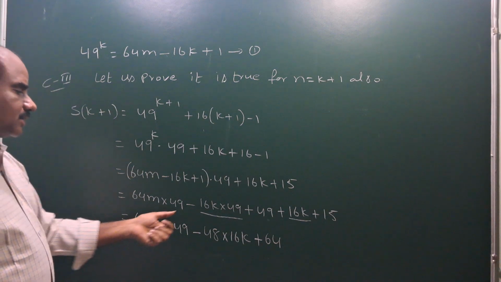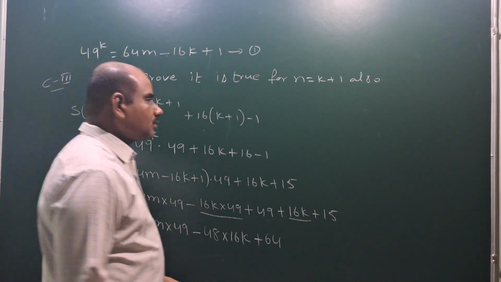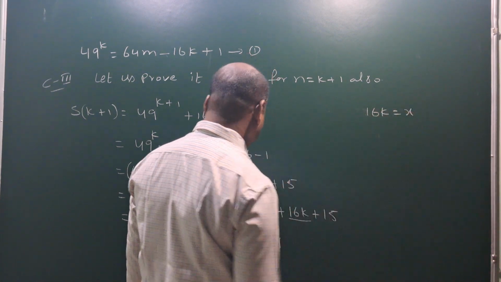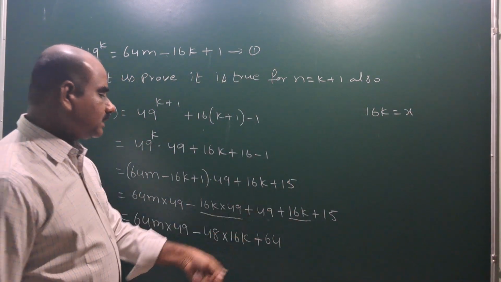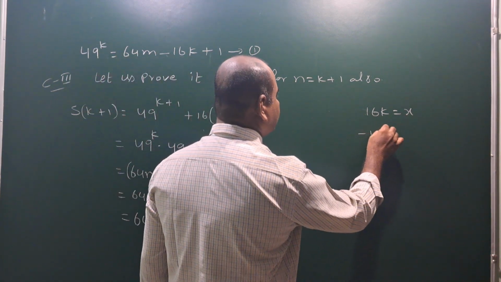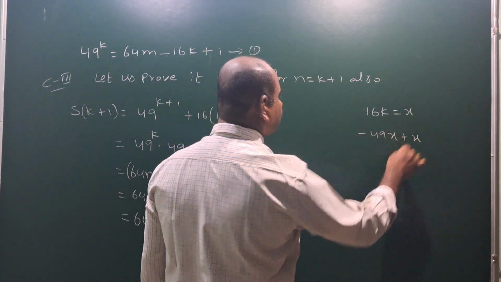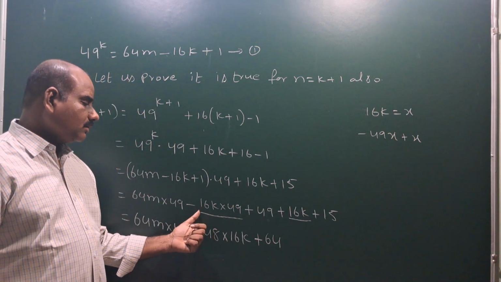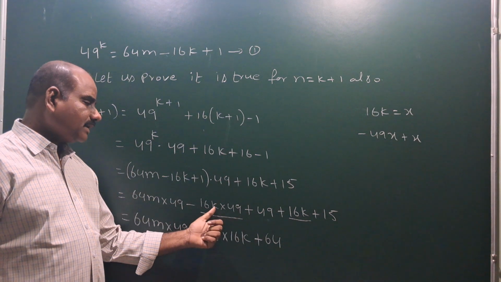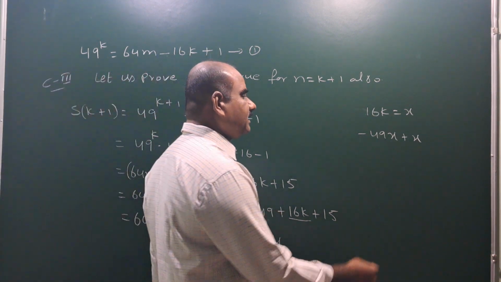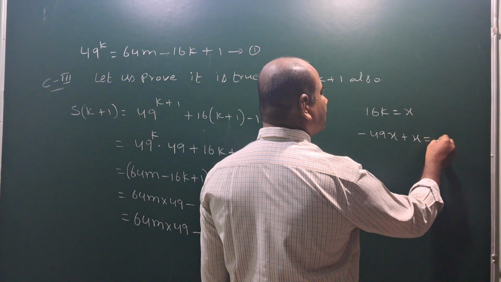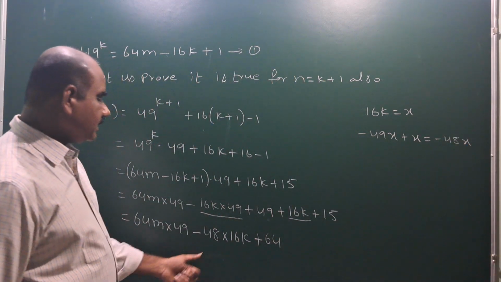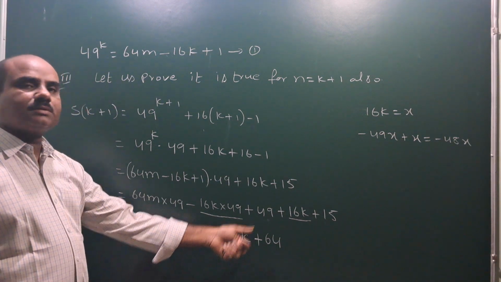Suppose we assume 16k is equal to some x. Then we have these two terms like this: minus 49x plus x. What is the addition of these two terms? We get minus 48x, that is minus 48 into 16k.